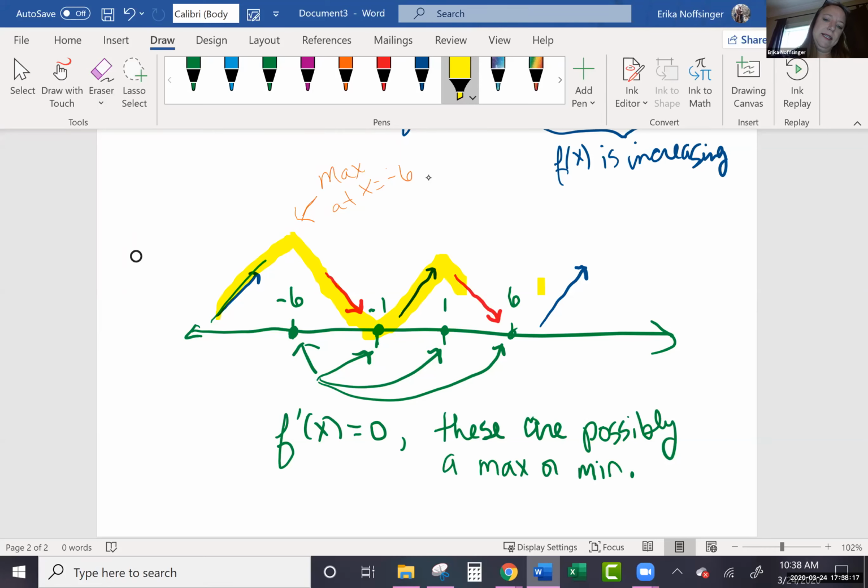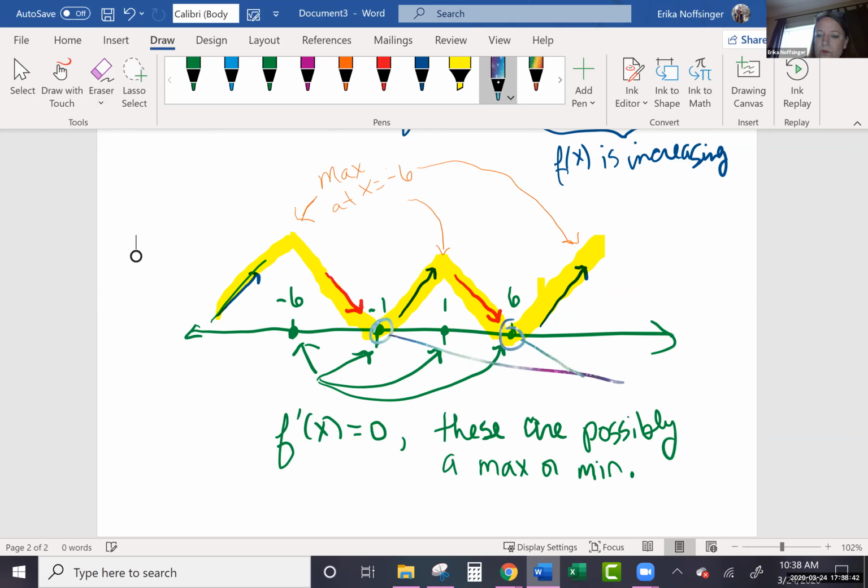Increasing to decreasing looks like a max. So we can see where the peaks are based off of where it's increasing and decreasing. The values over here are going to be mins at x equals -1 and x equals 6.